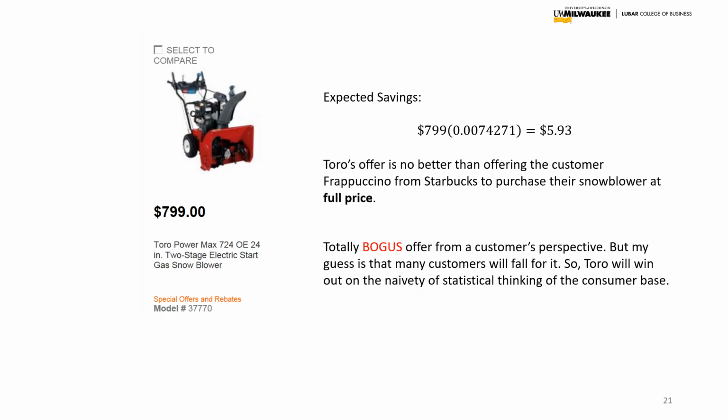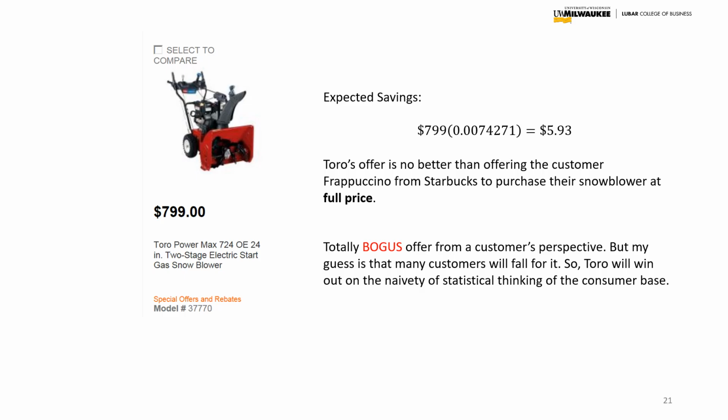Toro's offer is no better than offering the customer a Frappuccino from Starbucks to purchase their snowblower at full price. This is a totally bogus offer from the customer's perspective, but my guess is that many customers will fall for it. So Toro will win out on the naivete of statistical thinking of the consumer base.